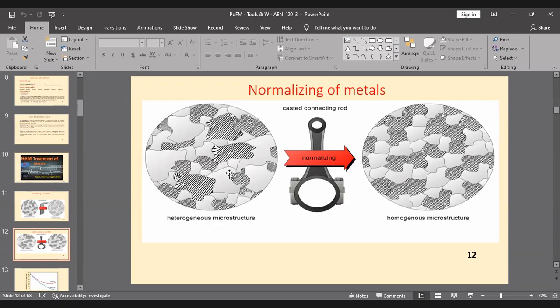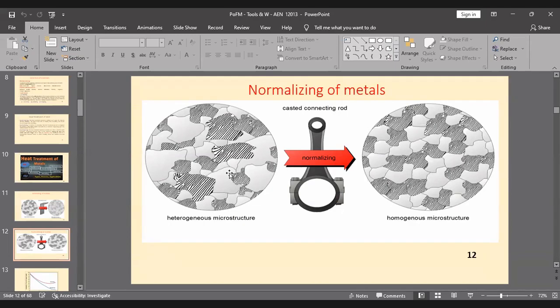Like that, in normalizing, the normal condition of the molecular structure has fairly high strength. Then we do hardening, normalizing, tempering, annealing and everything. In normalizing, the rate of cooling is very high. Suddenly we cool that metal, so the metal can easily return to the original position. It may have a homogeneous microstructure.